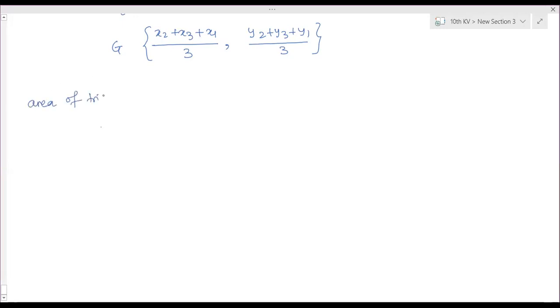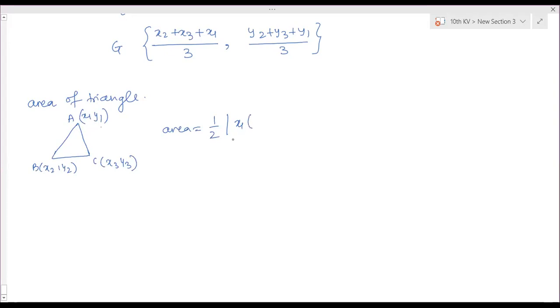Area of triangle. (x1, y1) is A's coordinate, B is (x2, y2), C is (x3, y3). Then area is equal to 1/2, this is the absolute sign bracket. I will tell you what absolute means.